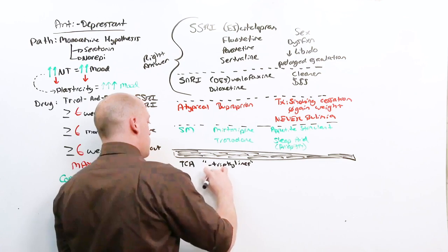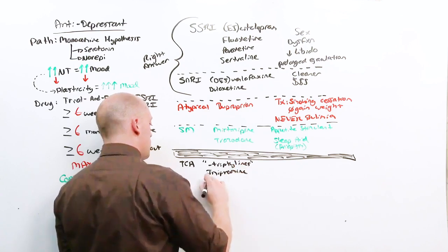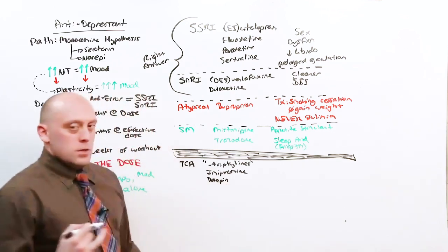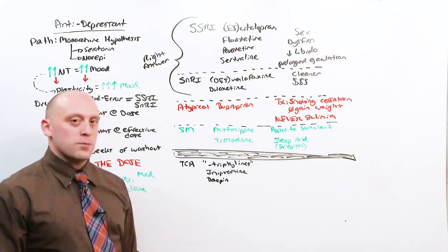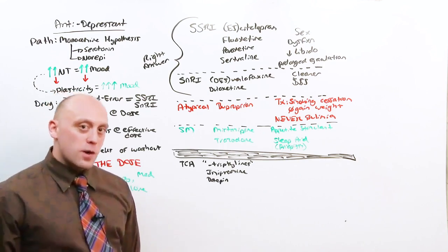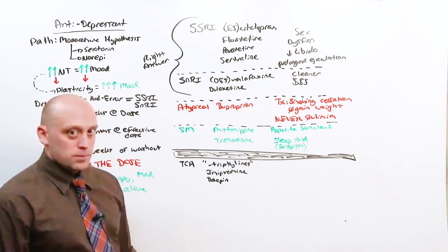But don't forget about imipramine and doxepin. Tricyclics are such dirty drugs with horrendous side effect profiles that generally we use them for their side effects, not for the primary treatment of depression, much like we do the serotonin modulators.